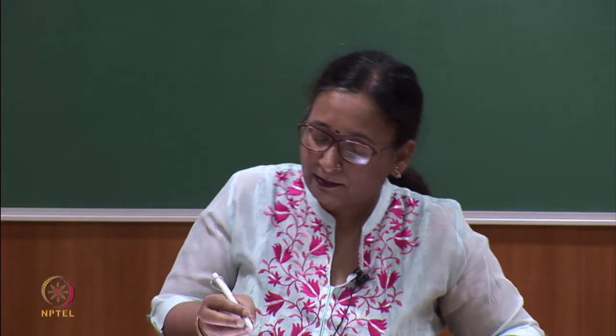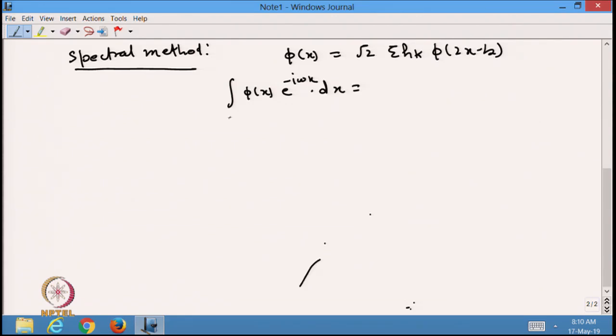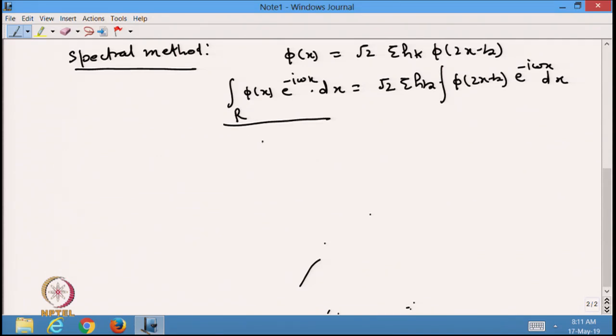For that purpose I am computing the Fourier transform of this relation on both sides, multiplying with this over the real line. So, the left hand side will give me phi hat omega, and the right side under root 2 h k.